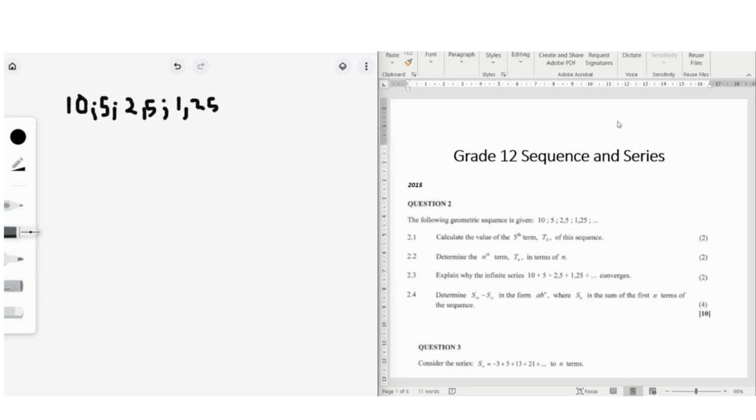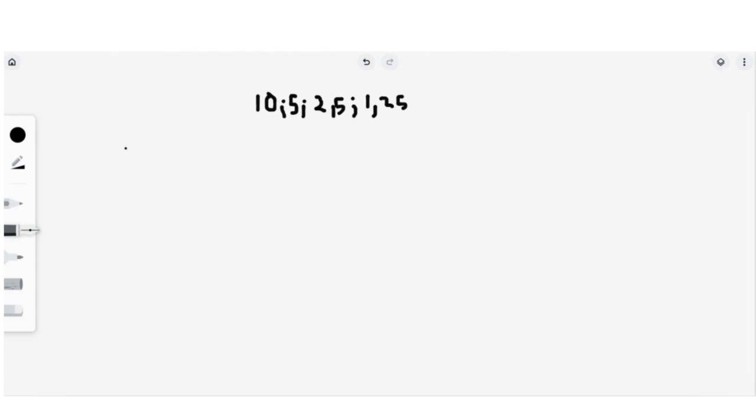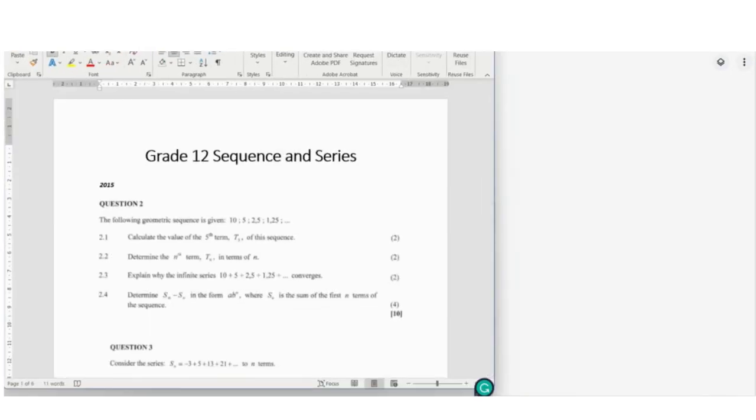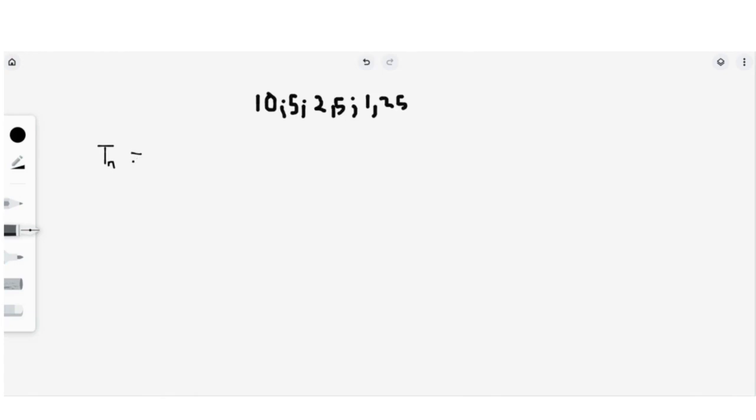All right. So let's have a look. We know that the formula for the geometric sequence for Tn, because they said we have to give it in terms of T5, the fifth term. So the formula for the geometric sequence is Tn equals A r to the power of n minus 1.